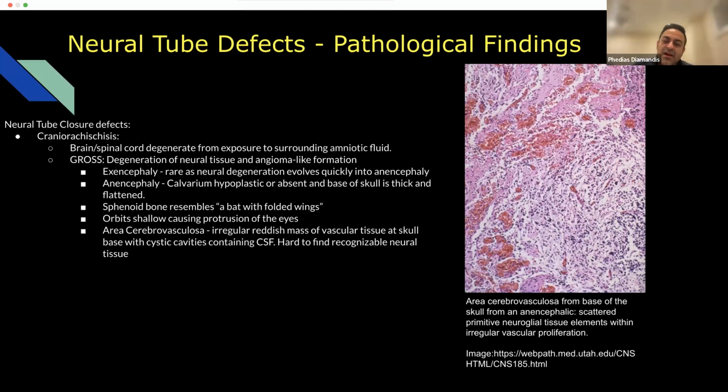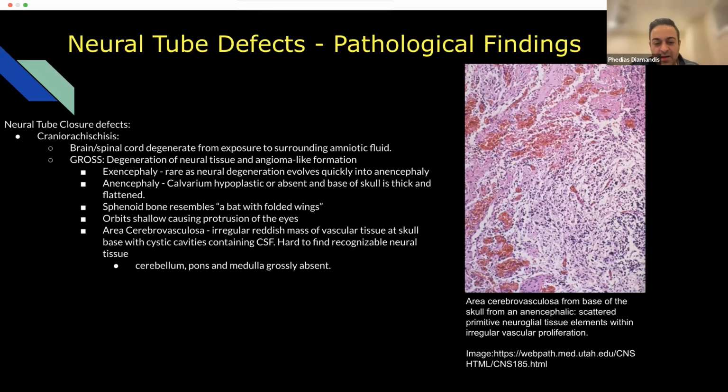And then the key thing, when you look from the back, you have this area cerebrovasculosa, which is degenerated, very vascularized tissue that sits at the skull base and may be associated with cystic cavities with CSF fluid. In some areas, it's very hard to recognize any of the neural tissue, depending on how long it's been degenerating.